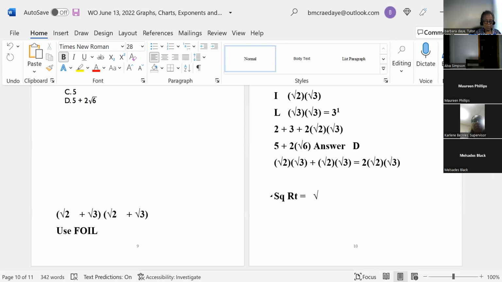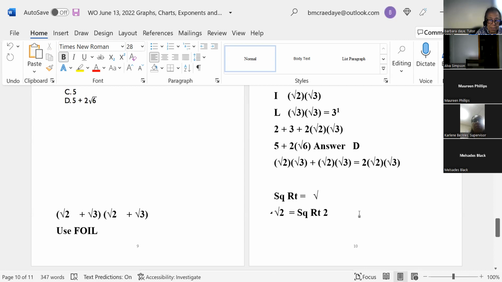So instead of the radical symbol, I'm just saying this would be equal to square root followed by the 2. Those are equivalents. If you can't get the square root symbol, just say square root 2. Got it?